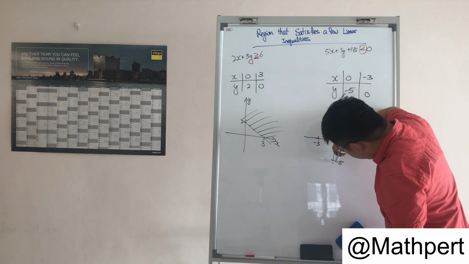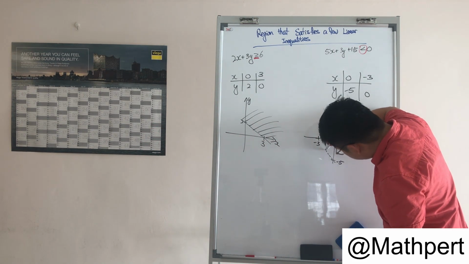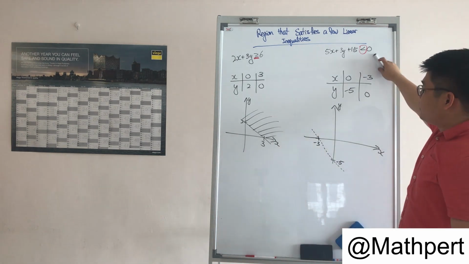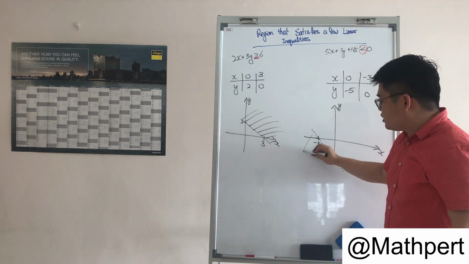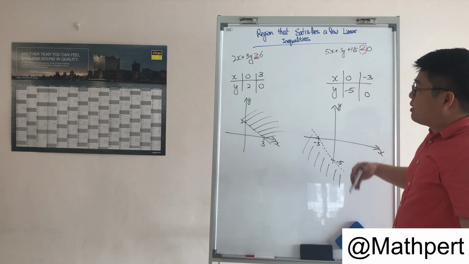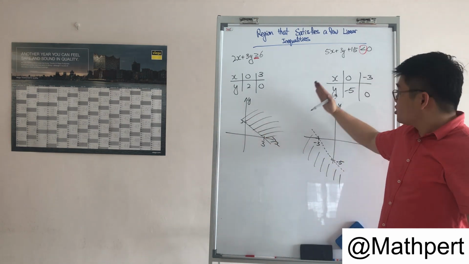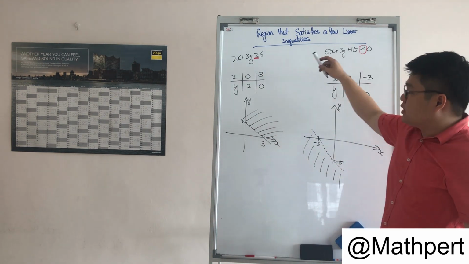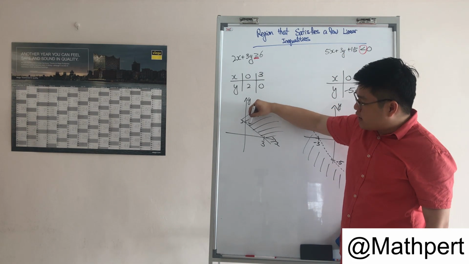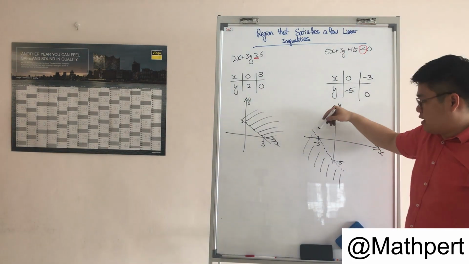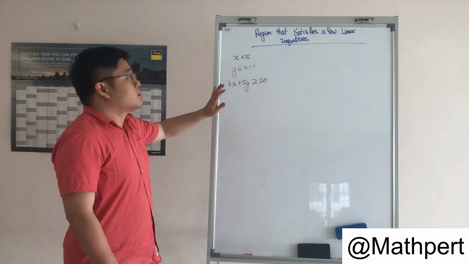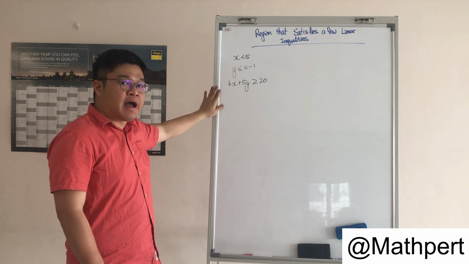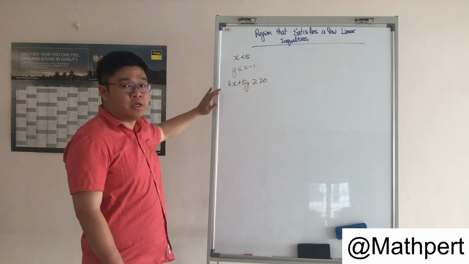Therefore, the line over here is a dotted line. Smaller means below the line, so this is the area. Bigger means above the line, smaller means below the line. And notice the inequality symbols to determine whether it is a straight solid line or a dotted line.